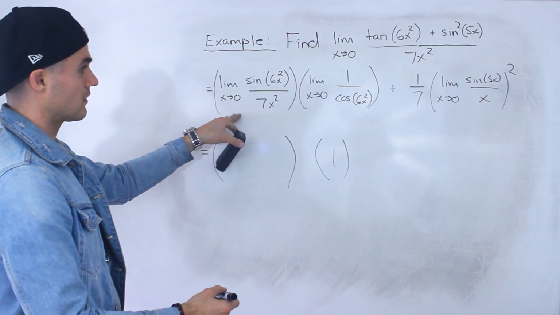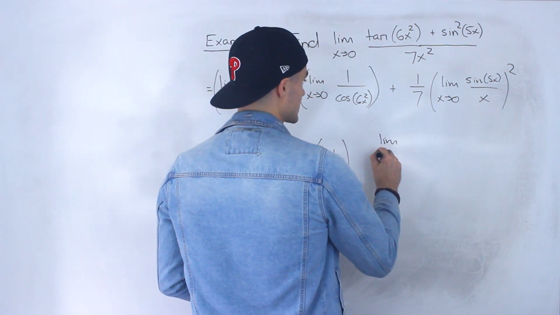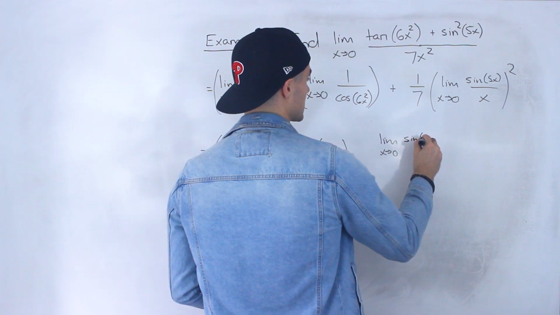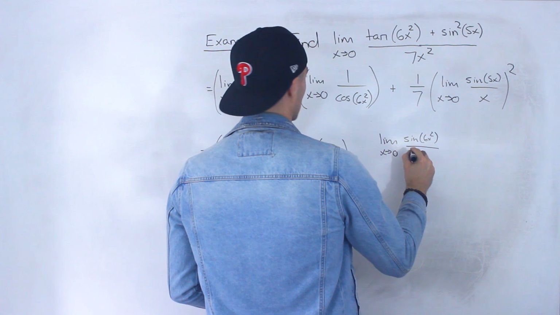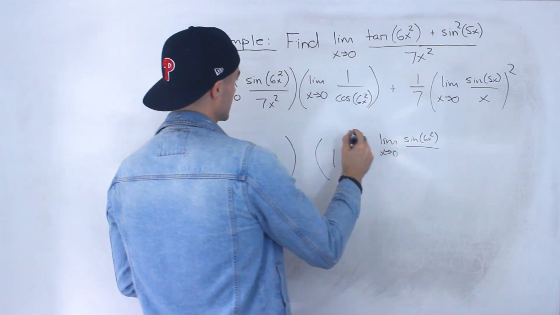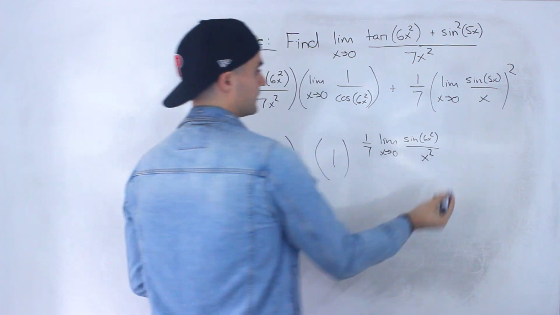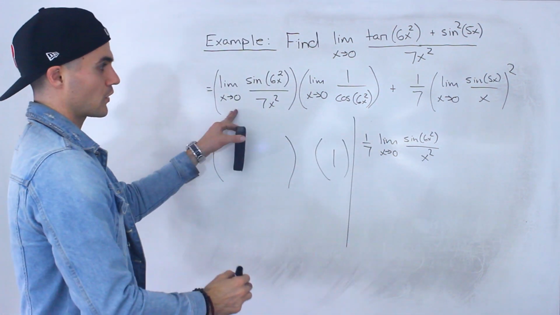So this one here, I'm going to do on the side. If I have the limit as x approaches 0 of sine of 6x squared over 7x squared, I'm going to factor out the 7. This is just the work for that.